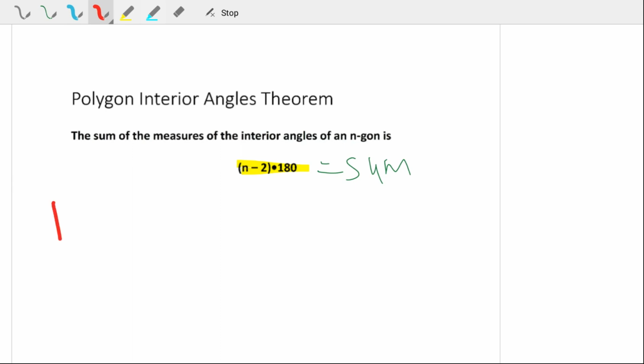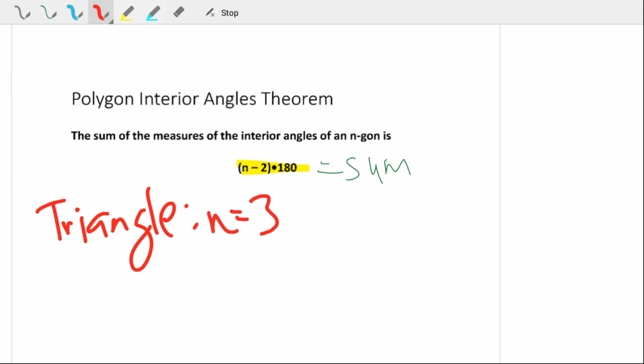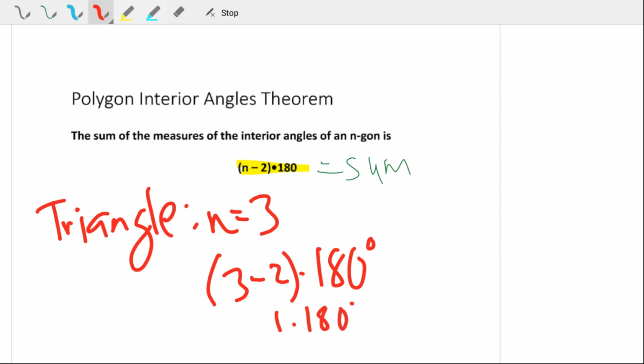Let's think about, of course, a triangle. For a triangle, n is equal to 3 because it has 3 sides. So to use the equation, I'd plug that in. 3 minus 2 times 180. So 3 minus 2 obviously is 1 times 180. And boom, that's 180 degrees. So it checks out for a triangle.